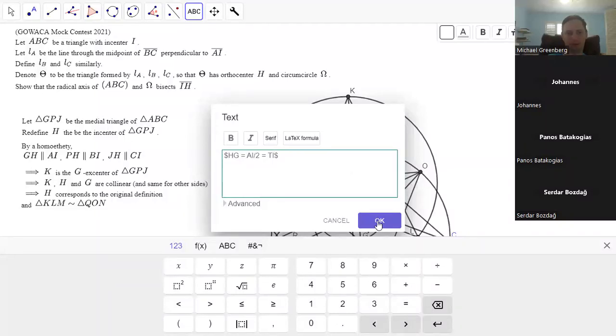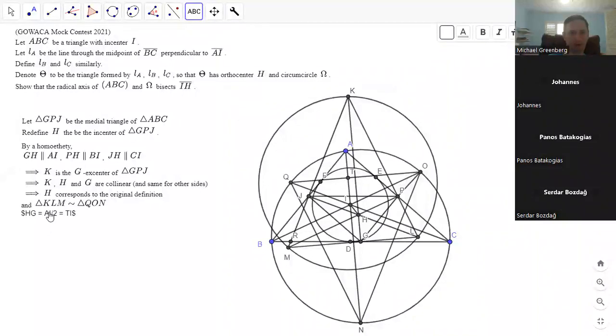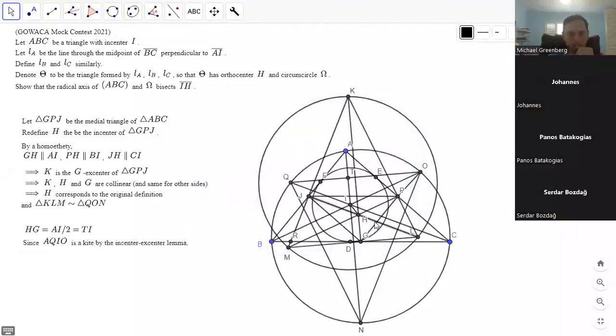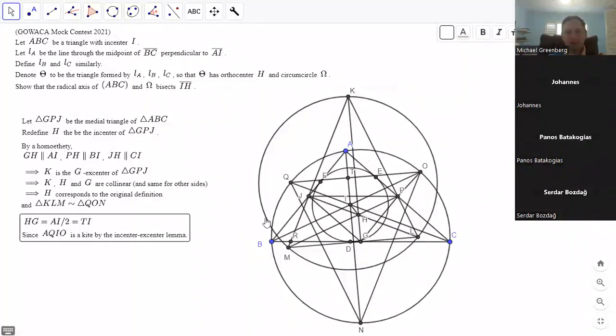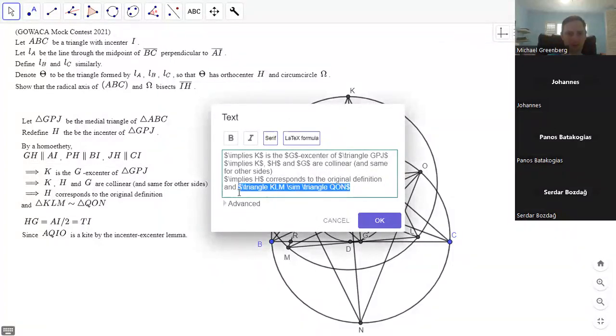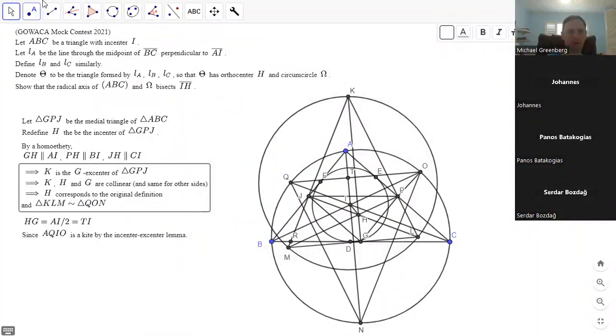And that's because AQIO is a kite by the incenter-excenter lemma. And so since HG equals TI, then that means that we actually have KLM is congruent to QON, with H corresponding to I, or I corresponding to H.